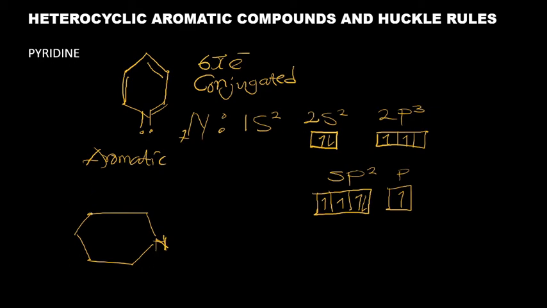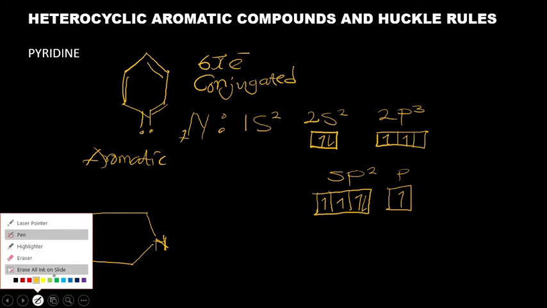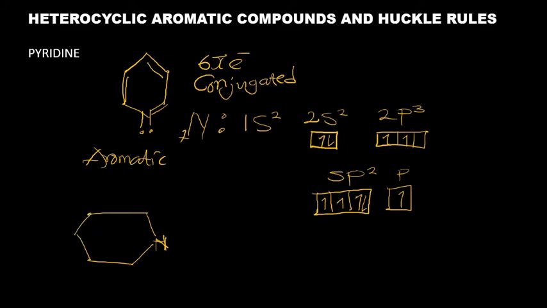So if you look at the orbital system, we have this orbital here. I'm drawing the p orbital. So what is happening here, we have electrons in each of these p orbitals.